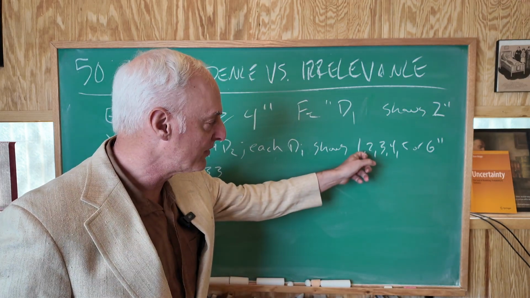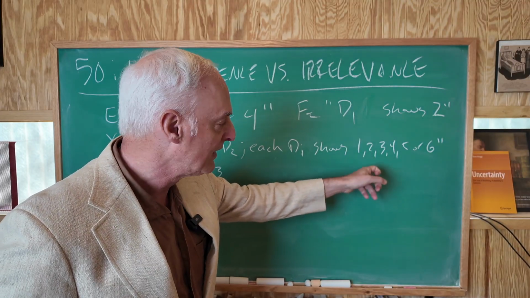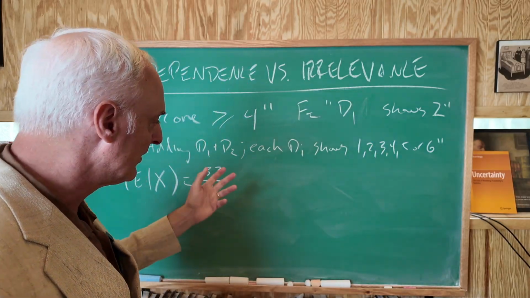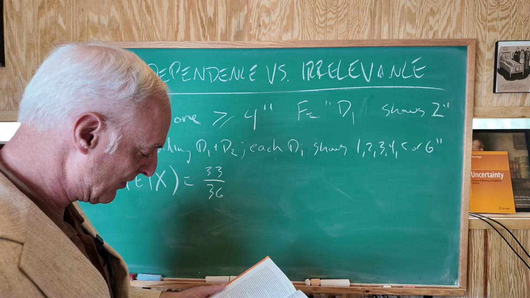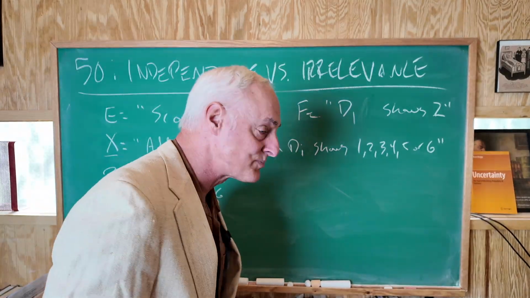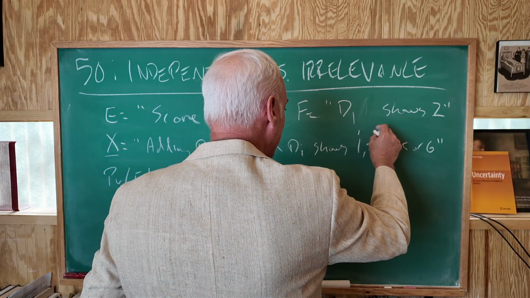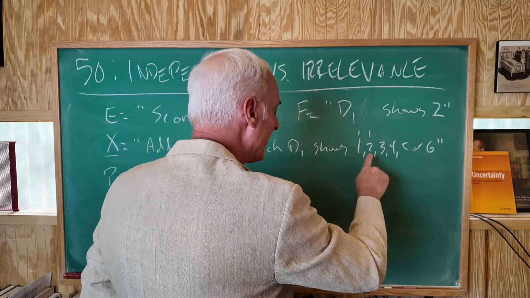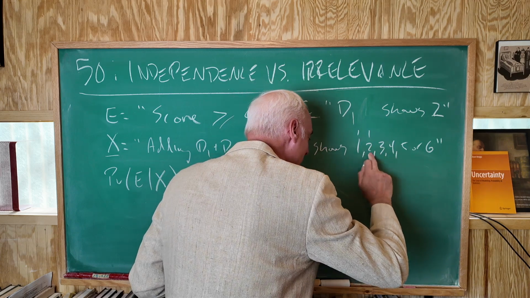The only possibilities are we get a 1 on device 1 and a 1 on device 2, or we get a 1 on device 1 and a 2 on device 2.